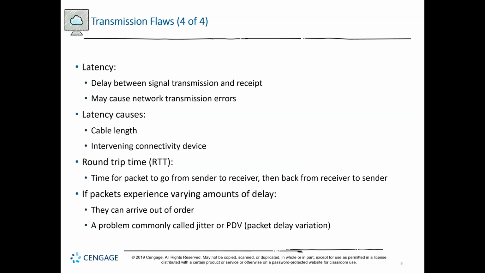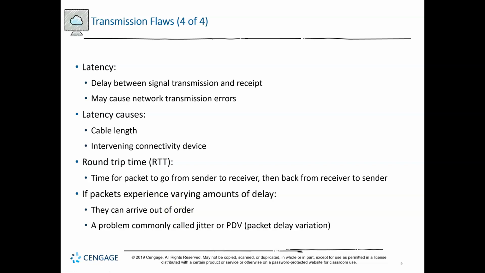That's where everybody's head nods and they go, yeah. So other things that can happen: the length of the cable can cause that delay, because obviously the longer the cable, the longer it's going to take to send and receive. If we have any devices like those repeaters in the way. And then we have this term round trip time, how long it takes to go to a sender and then back. If they have different amounts of delay, then they receive it out of order.